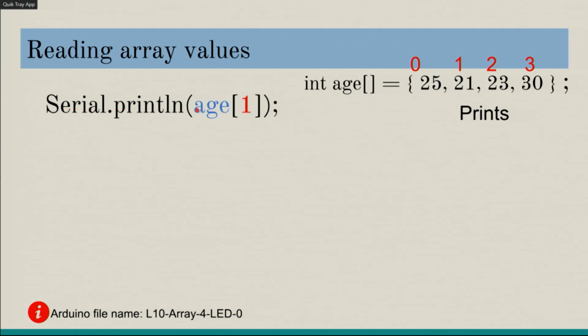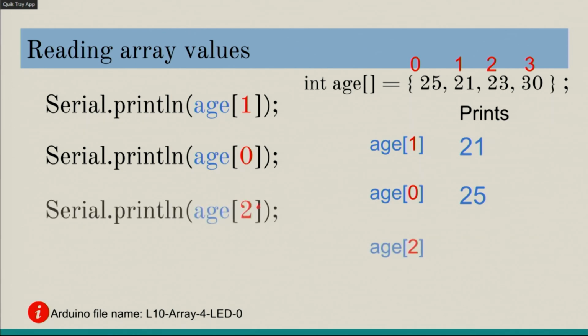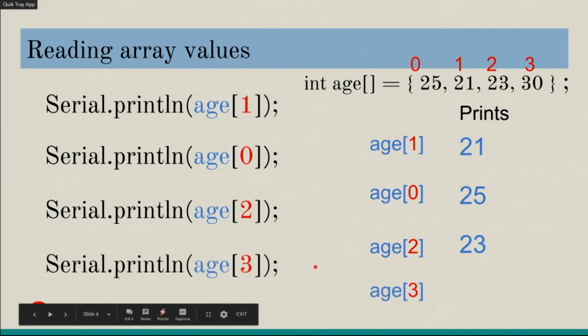If you use serial print, it will print 21, because age with the index inside it is referring to the 21. And the same way, if we have age 0, it will print 25, and age 2, we get 23, and if we have age 3, we get 30.